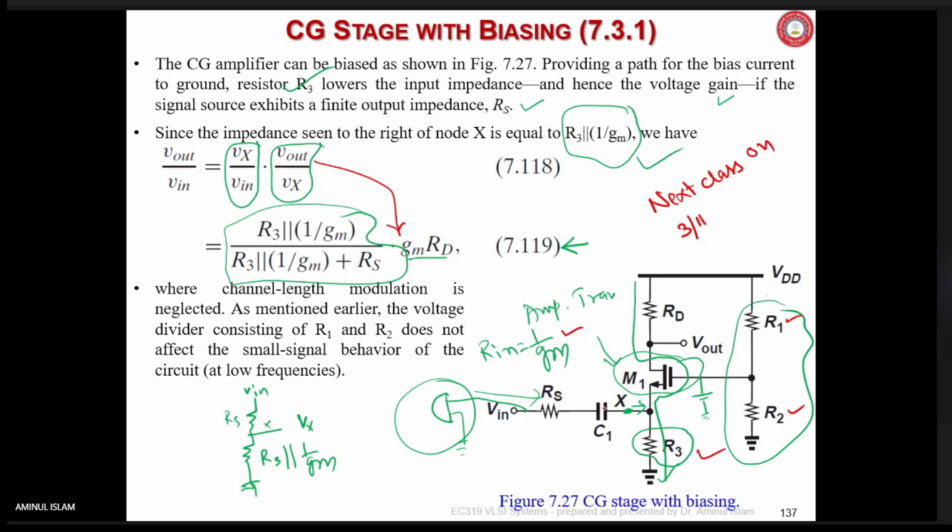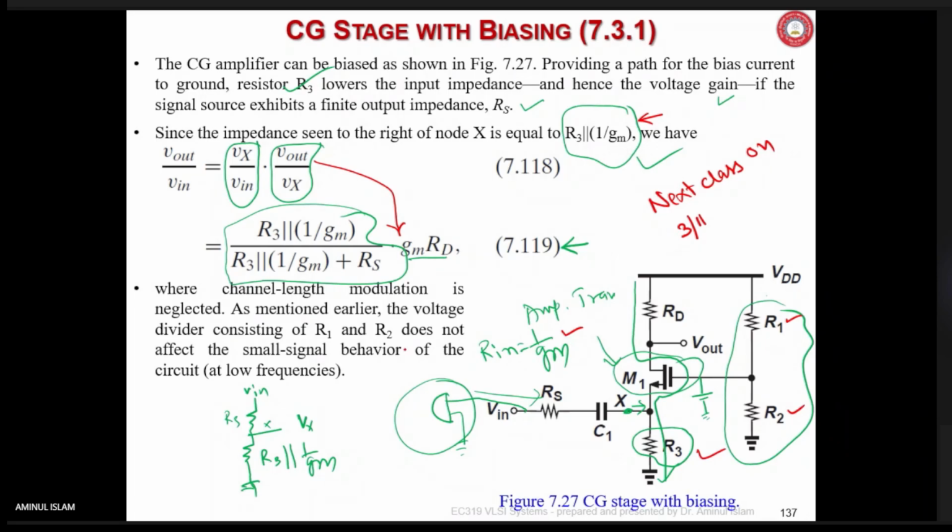But once you connect R3, then this 1 upon GM is going to affect this resistance because it is coming in parallel. So the input impedance is going to be R3 parallel 1 upon GM.